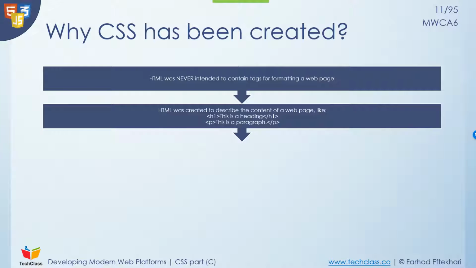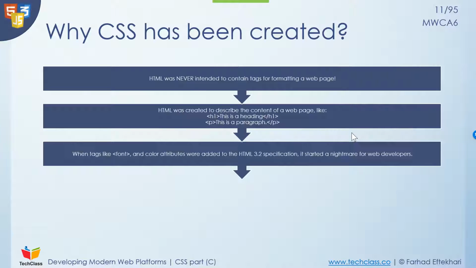Basically, HTML was created to describe the content of a web page. Like you insert H1 and P elements of HTML there. For instance, you place your headings and your paragraphs there. And then, like I told you, when tags like font and color attributes were added to the HTML 3.2 specification, it started as a nightmare for web developers.